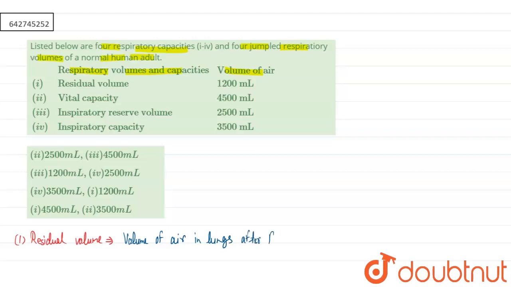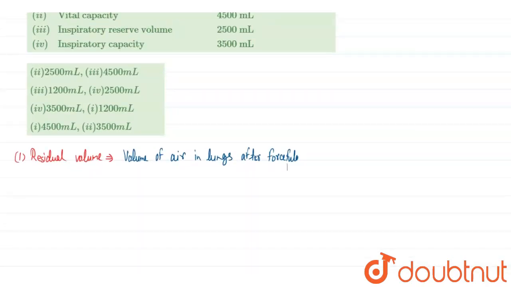It means that if we are doing forceful expiration, forceful movement of the carbon dioxide out of our body, then what remains will be called the residual volume. The amount of this residual volume will be 1200 ml.